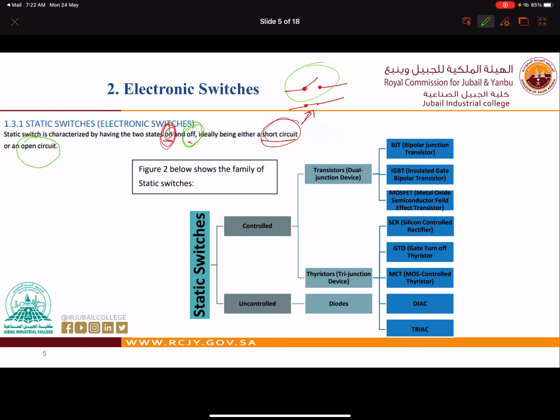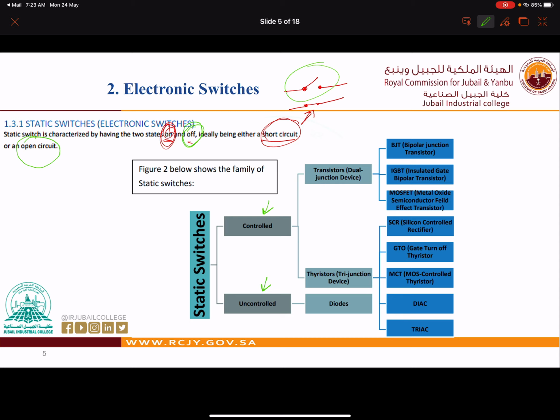Now let us divide our static switches or electronic switches into two brief types. This is called controlled, and we will, inshallah, understand why it is controlled, and this is called uncontrolled switches. We will see how we can control, why it is not controlled, and so on.